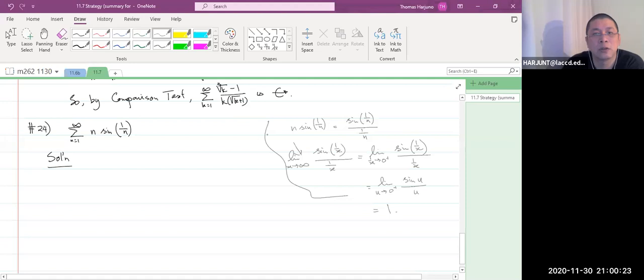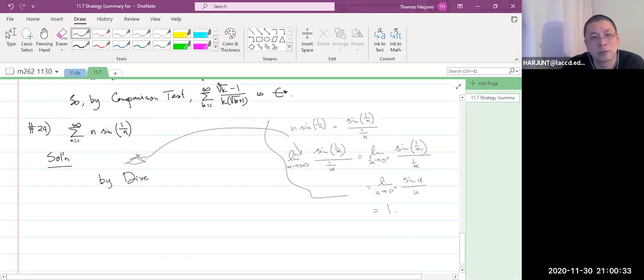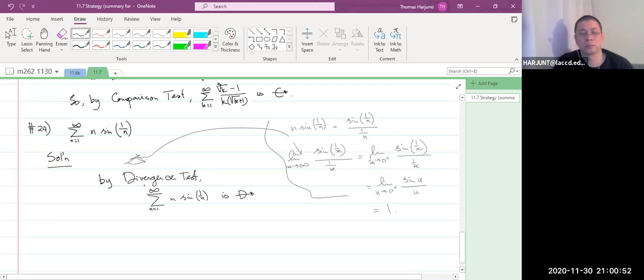Okay. Use that idea. Now, of course, you put that in more organized work, but eventually you will say by the divergence test, the series is divergent, because the limit is not 0. That's number 24.